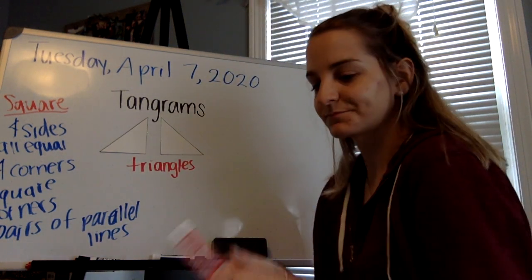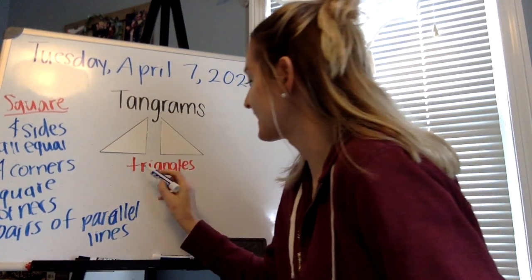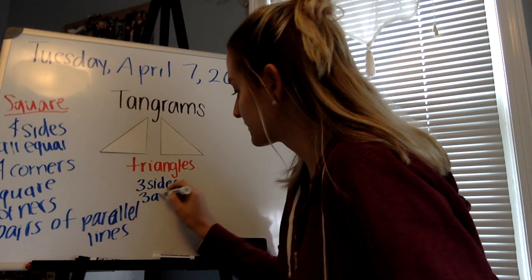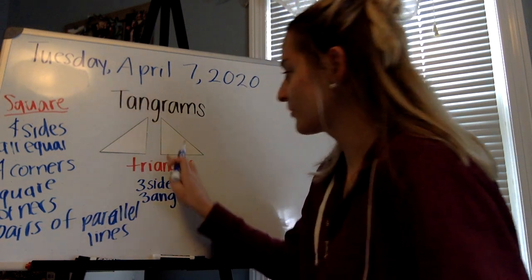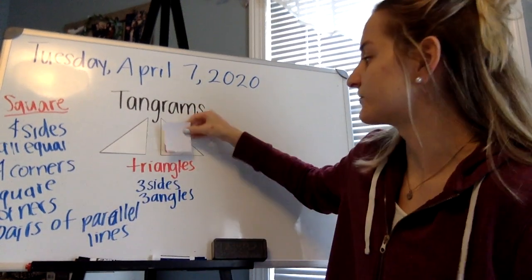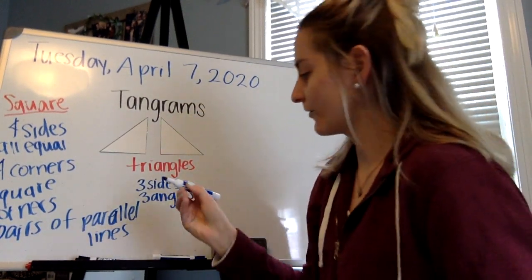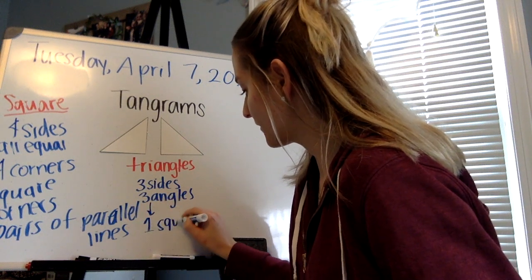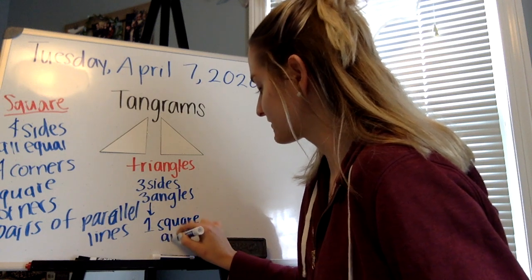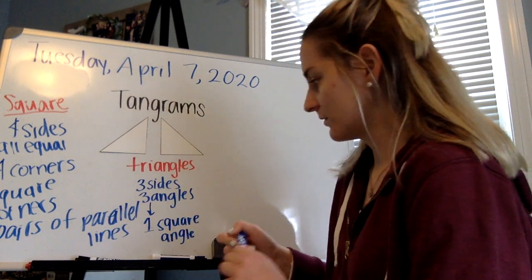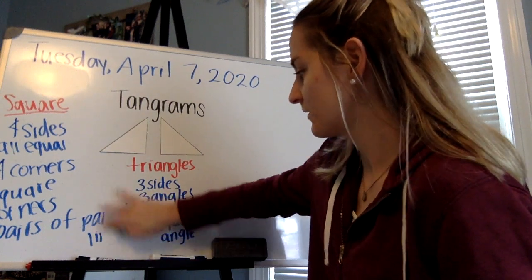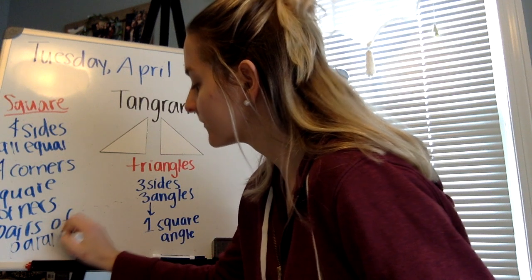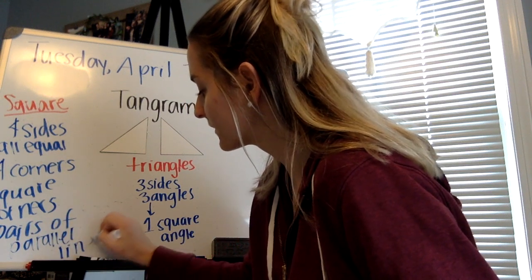Okay, we know they have 3 sides, 3 angles, and we know that these triangles are special because they each have 1 square angle. So one of these angles is a square angle, or a square corner, we can call it. Okay, I'm going to move this over so we don't get confused.